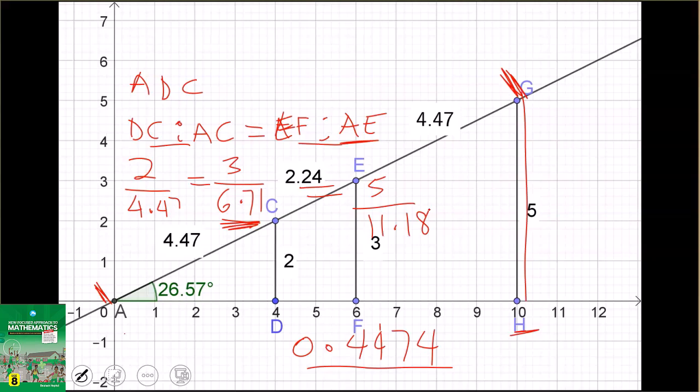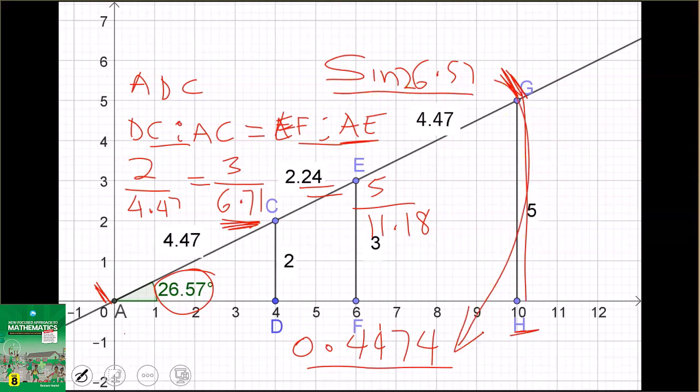Now, again, what I want you to do is this. Pick the calculator again, and on your calculator, key in sine of the angle here, this angle, which is 26.57. You realize that the result of this will be the same as this one as well.